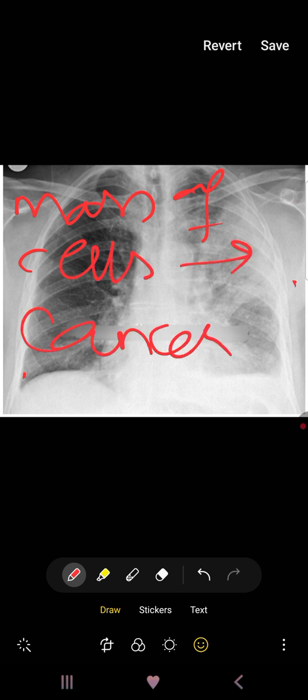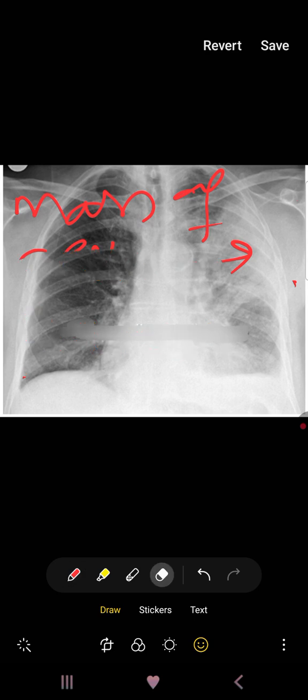So see, consolidation is not always due to infection, and it is not always fluid. It may be pus, fluid, mass, or blood.